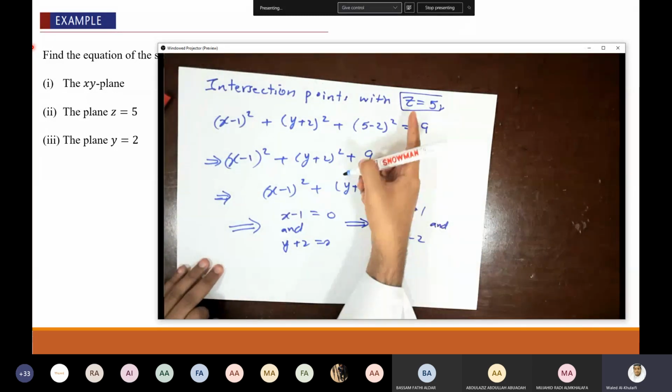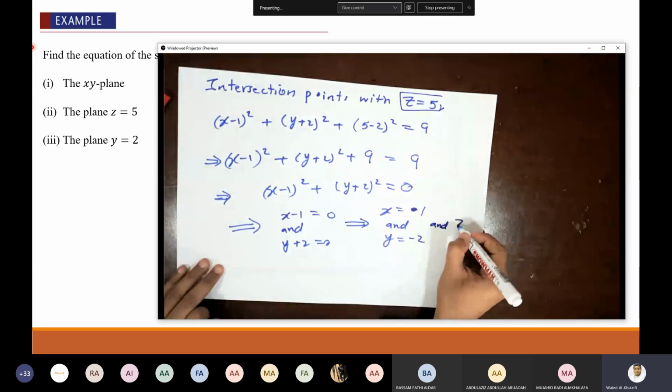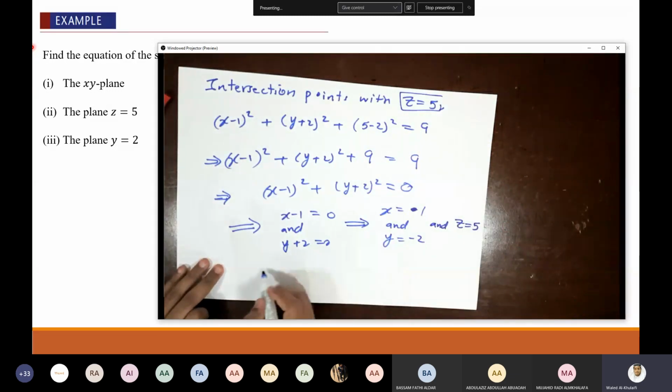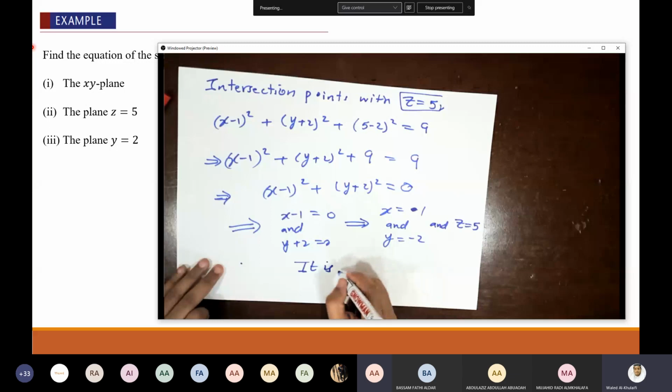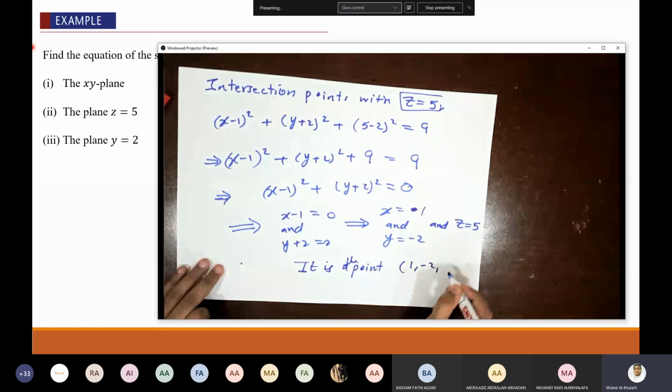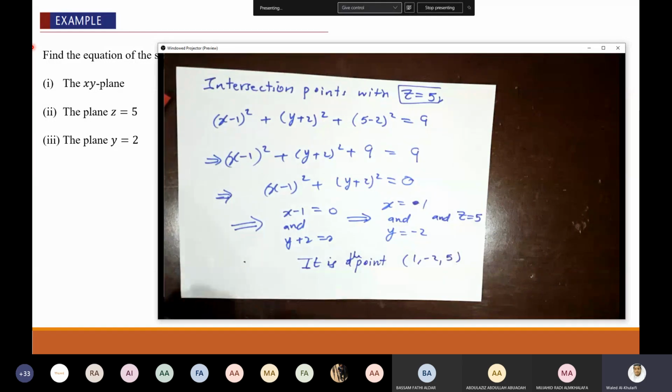And don't forget, guys, I am in this plane, which is z equals 5. So the conclusion, what do you think? A point. It is a point, and the point is (1, negative 2, 5).